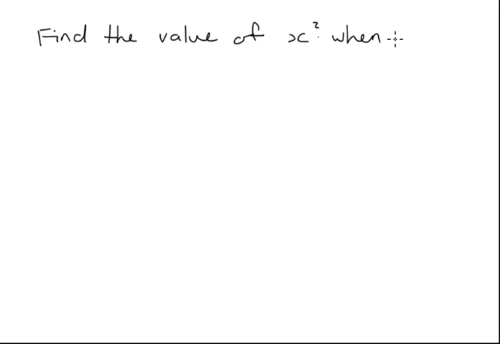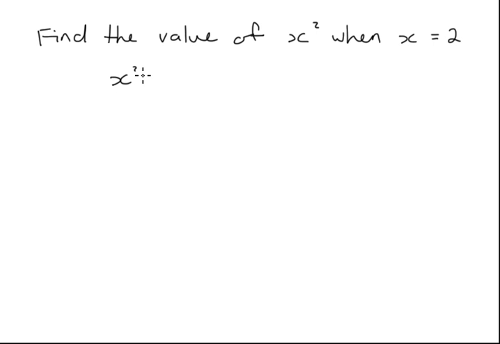In this session, we shall look at more examples of algebraic expressions. First, we want to look at a type of question that asks us to find the value of an expression. For example, x squared when x is equal to 2.